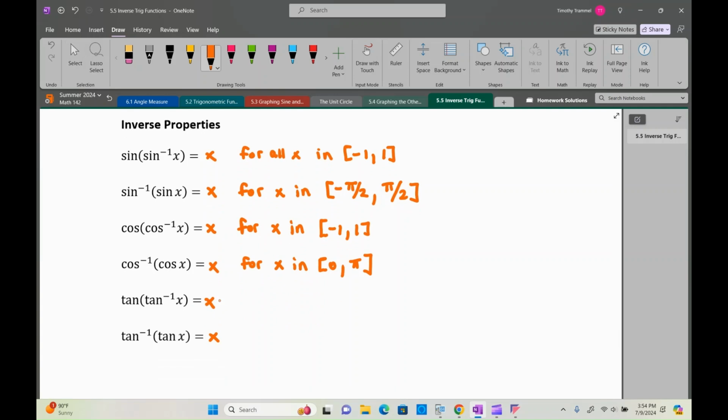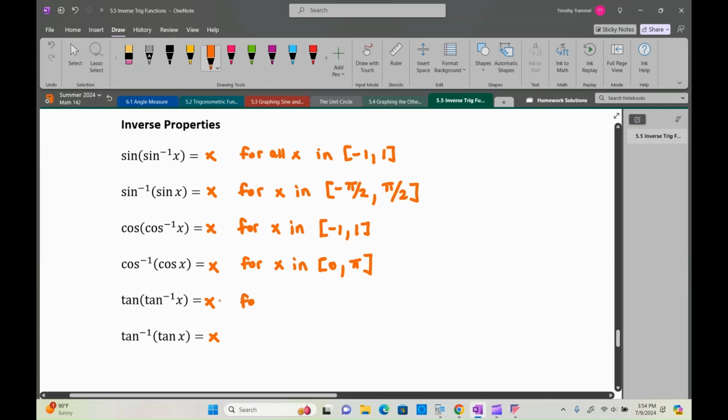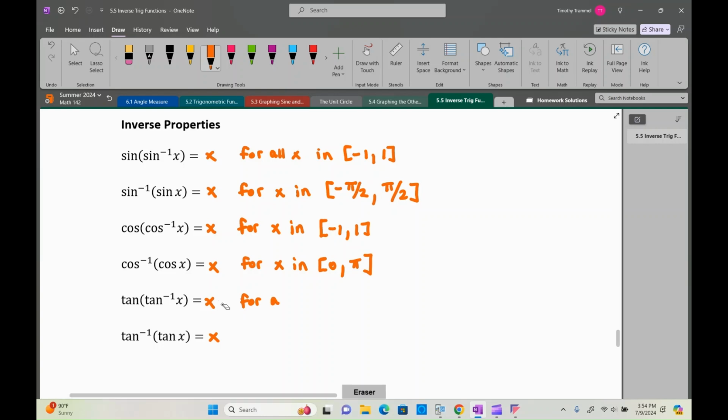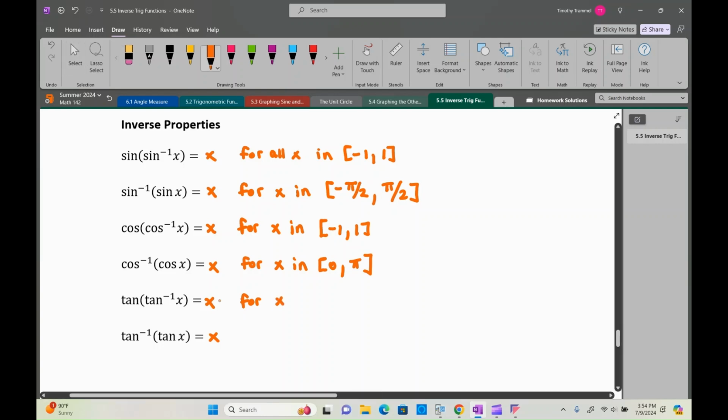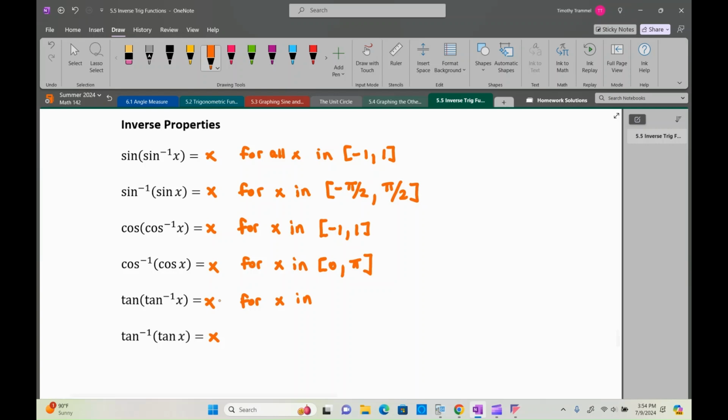And then if we fill in these last two, this is for x in. When we're thinking about tangent inverse, you can actually plug in any number into tangent inverse.